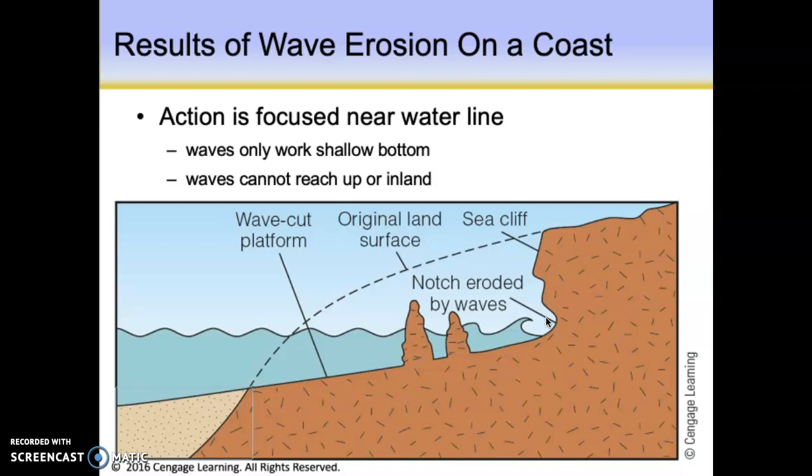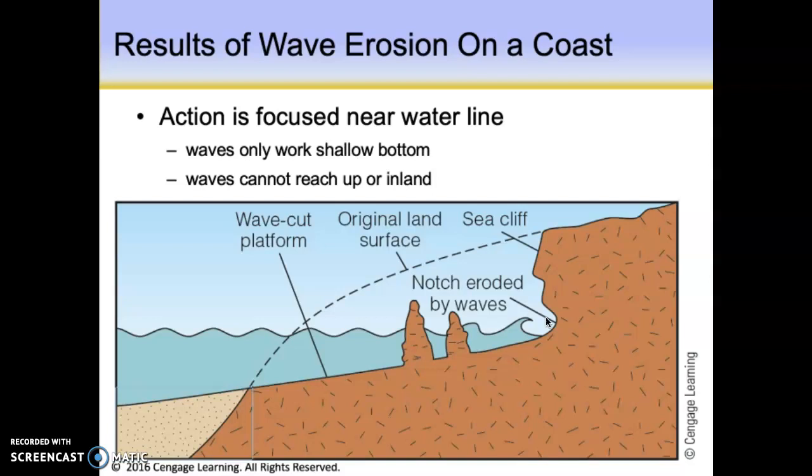You'll also notice that that cliff is being undermined, and that's when gravity comes into play. The waves cannot work the top part of the sea cliff, but they can dig away the material that's underneath, and eventually gravity will pull that sea cliff down, and then the waves can start to pick up those rocks and move them around.